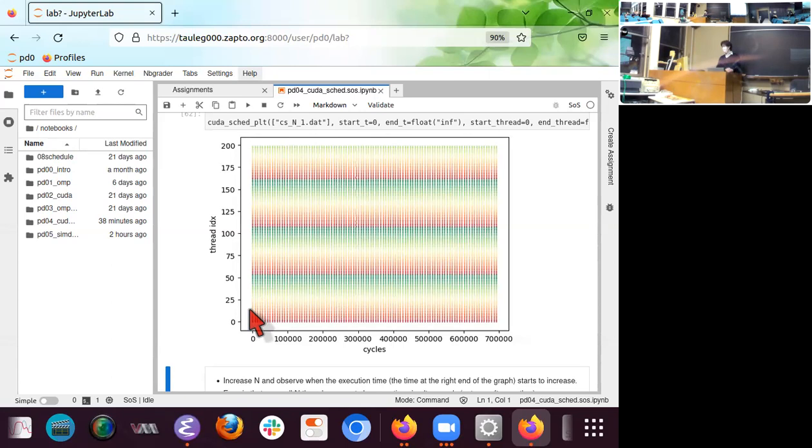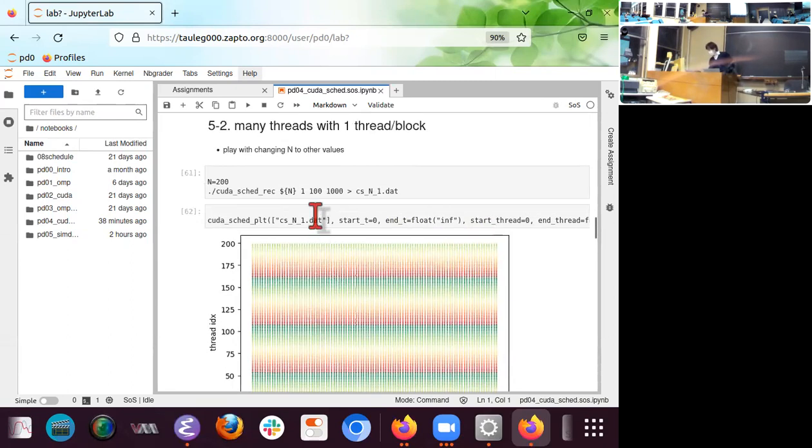But interestingly, this is not the case. The number of streaming multiprocessors this GPU has is actually 108, which is twice as many as the 54 you are witnessing here. The truth comes out when you look at this text file.